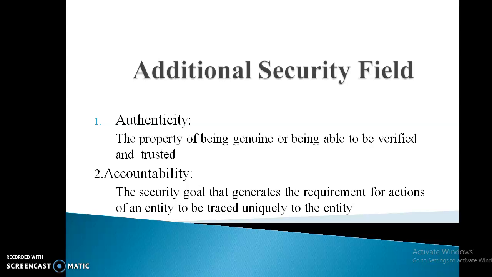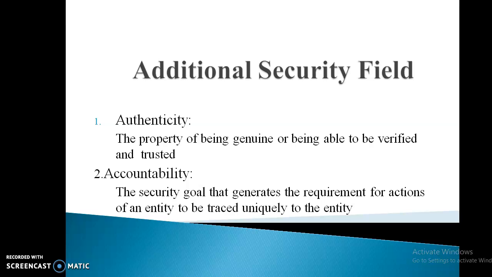This means verifying that users are who they say they are, and that each input arriving at the system came from a trusted source. Information provided to the trusted one and information received from the trusted person, I have to check both details.